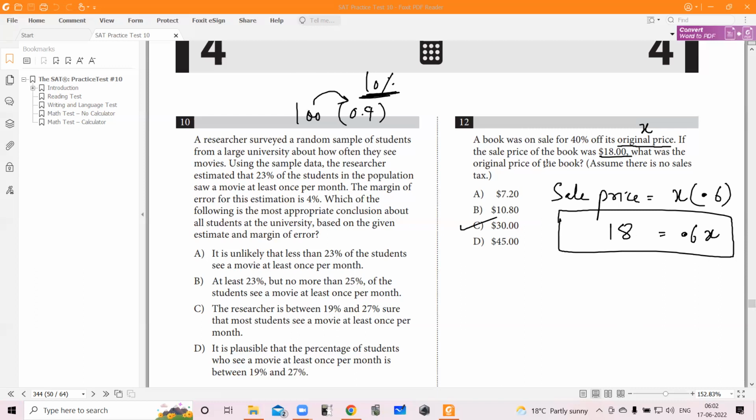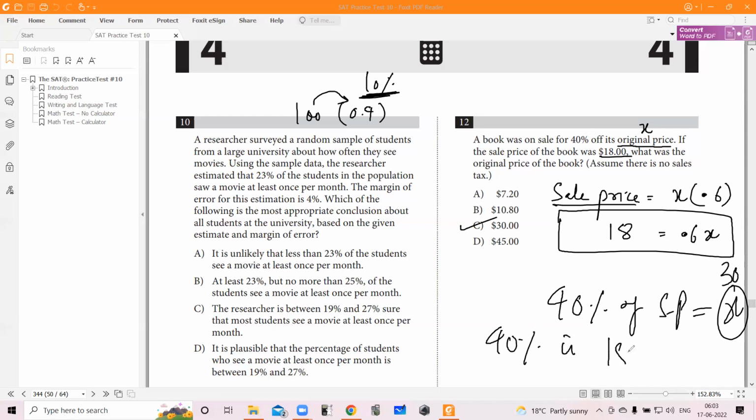So we'll be taking the way of the question. For example, some students will try to increase 40% to the sale price. Increasing 40% to the sale price will not give you the exact X, will not give you $30. A 40% increase of $18 is not $30.